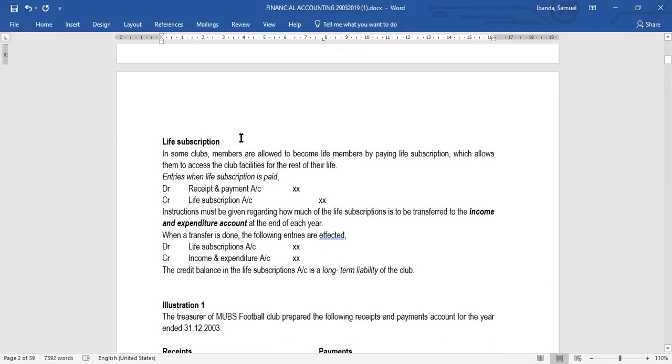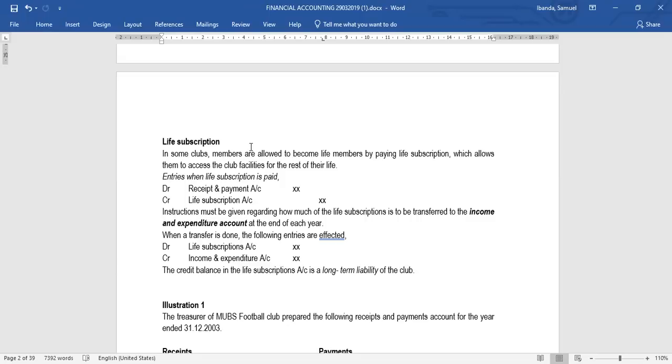And then we have the life subscription, which I've talked about, where you can have cases where some non-profits have a category of life subscription. Now, in this case, this life subscription can be paid, let's say, once.